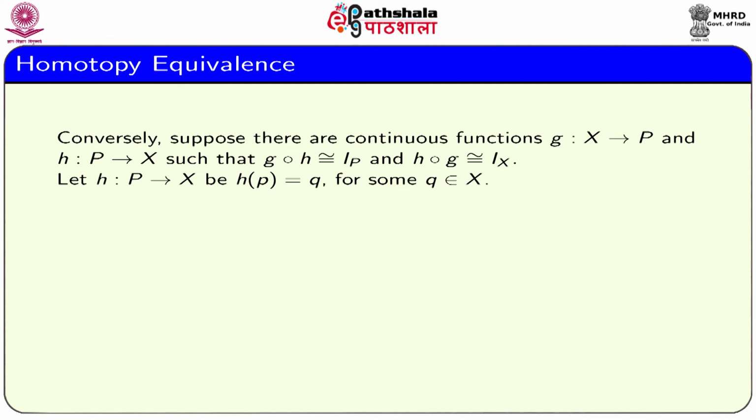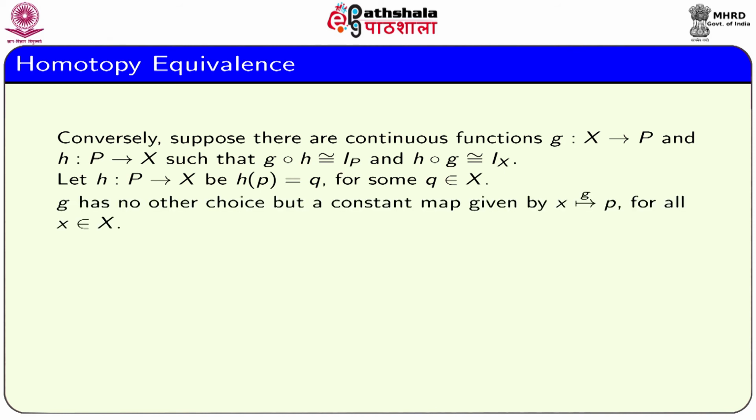Now, let us suppose that the function h takes the point p to some point Q in X, and there is no other choice for g, because g must take all the points of capital X to the only member small p of capital P. So it is a constant function.